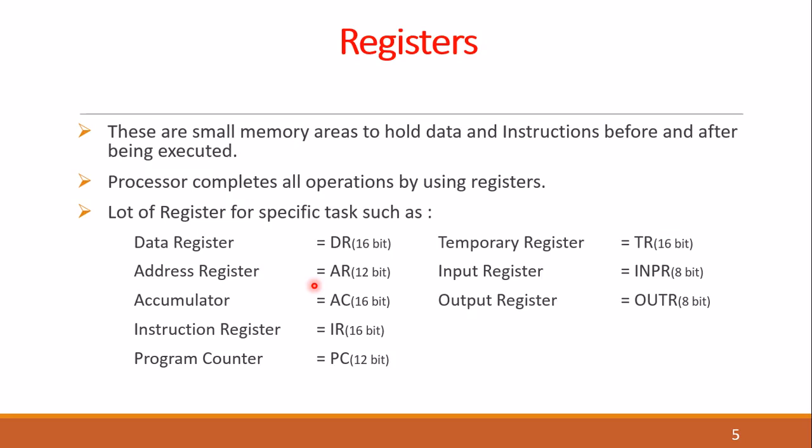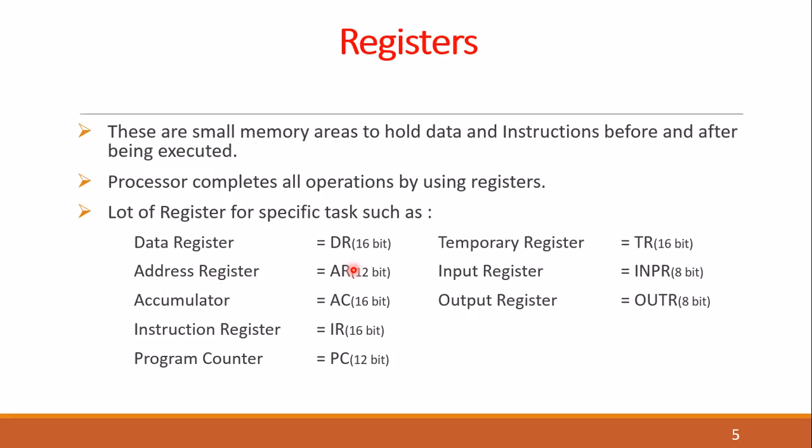Suppose the CPU wants to store some data in the memory, or data is to be read from the memory. It processes the locations and places the address of the required memory location in the MAR register, or the address register.